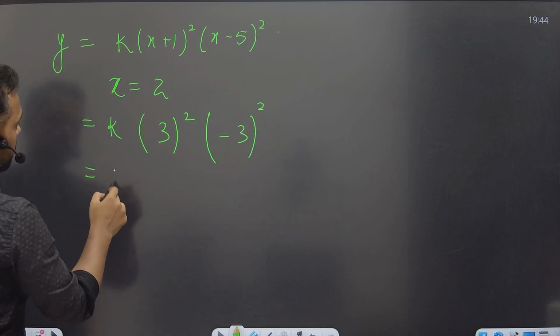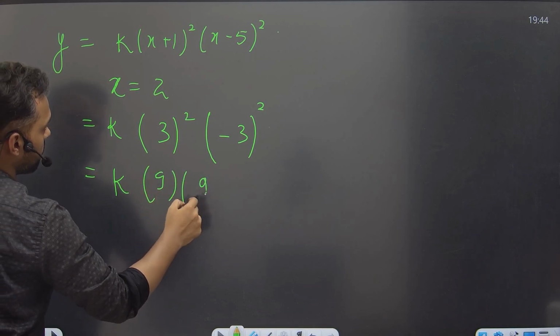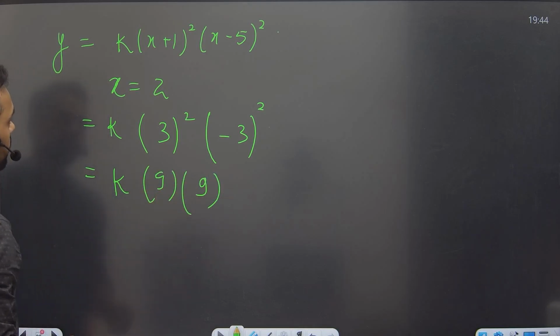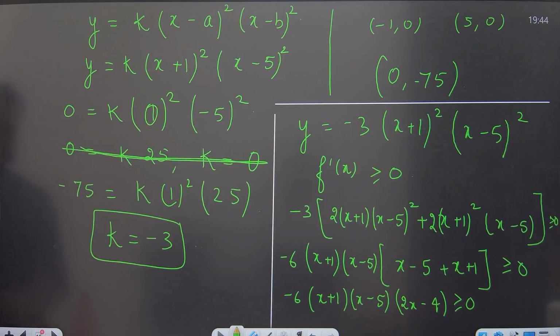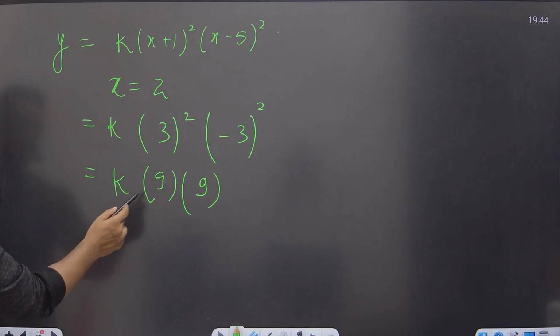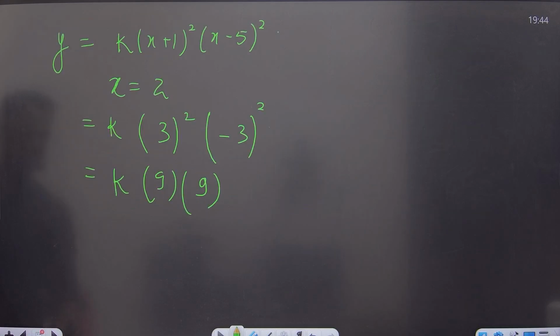You will get k times 9 times 9, that is 81. And the value of k which we have got is negative 3.